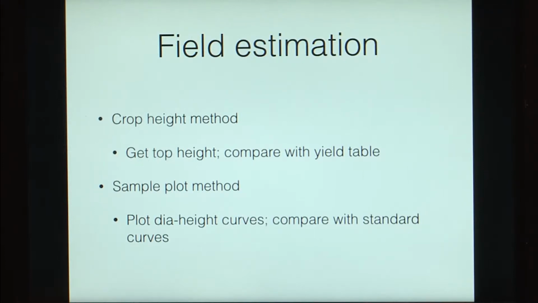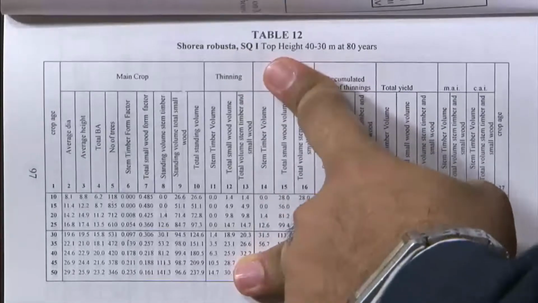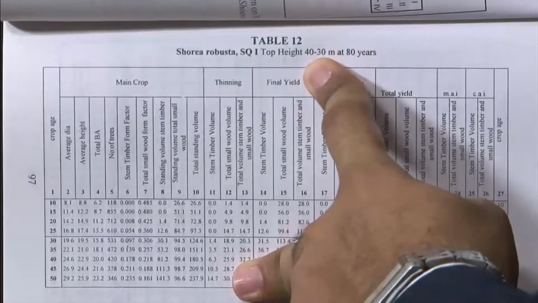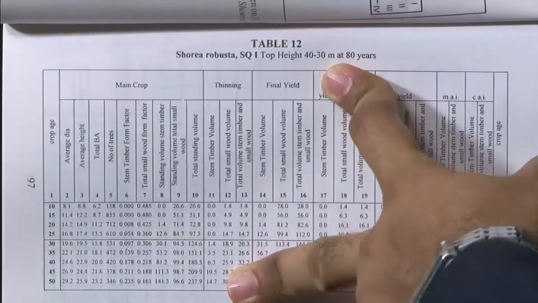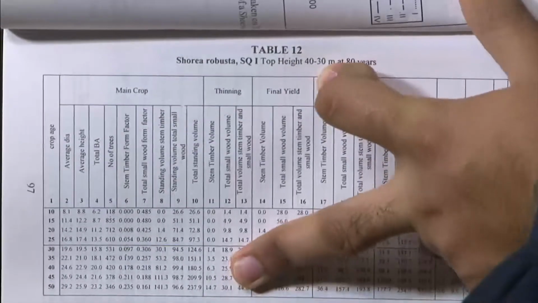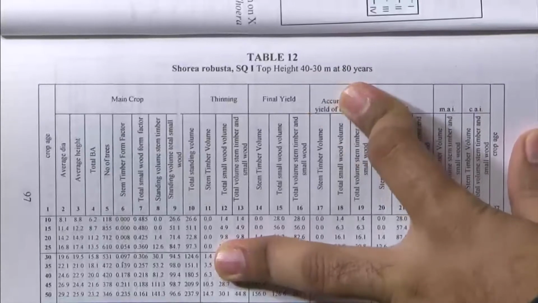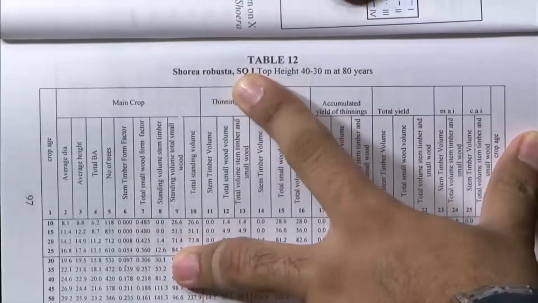So, for instance, let us look at this table for site quality 1. It defines site quality 1 as a forest having a top height of 40 meters to 30 meters; we write it in descending order. Any forest that has a height of greater than 30 meters at 80 years of age will be put into site quality 1.